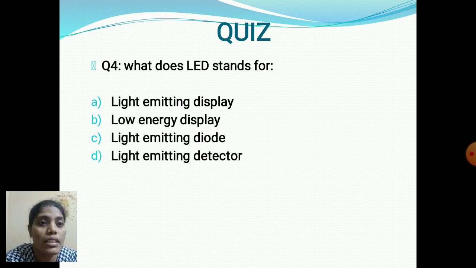You can remember this as LED is an application of PN junction diode. So D stands for diode. And in this, light is emitted out. So you can remember L as light and E as emitting. So LED stands for light emitting diode.